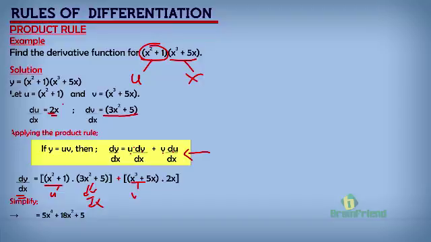Du dx, of course, is 2x. So if we simplified our equation here, if we worked all of this out, we would have 5x raised to the power 4 plus 18x squared plus 5. And that is our derivative. So now we understand exactly how the product rule works. Let's go on.